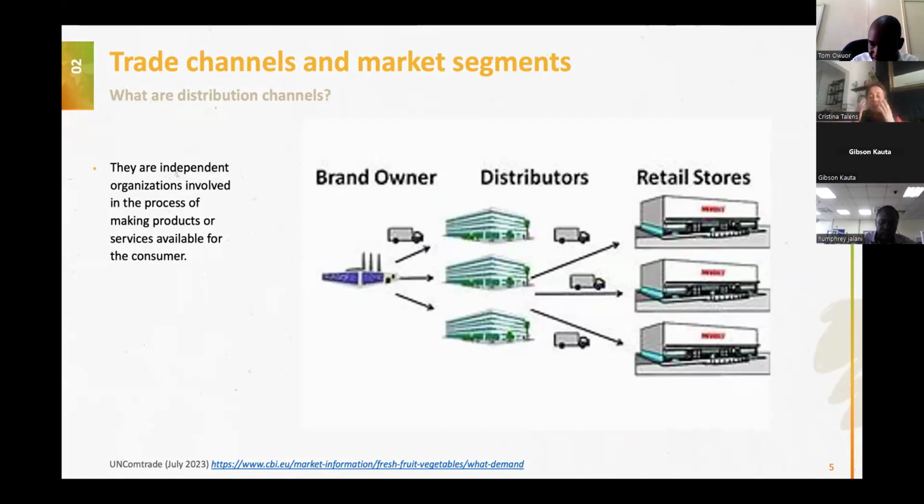The distribution channels are independent organizations, sometimes called middlemen, who are involved in making your products available to the consumer. It's how your product goes from the moment that you grow it to how it reaches the final consumer.